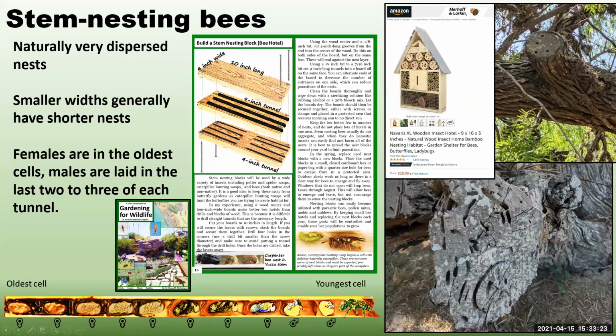If we are looking at a cross-section of a stem nest, you have your oldest cells furthest back, and then your youngest cells are in the front. So the oldest cells cannot mature at the same rate as the ones in the front because they would be waiting for these ones to grow up before they can leave the nest. One of the ways the bees have solved this problem is the last couple cells are male and they do mature faster.